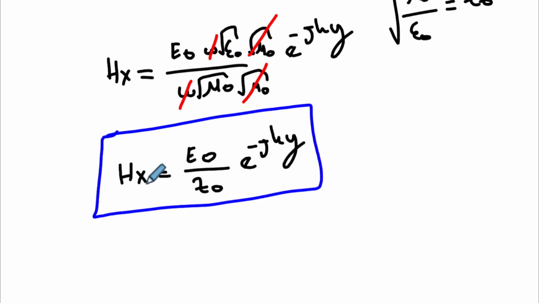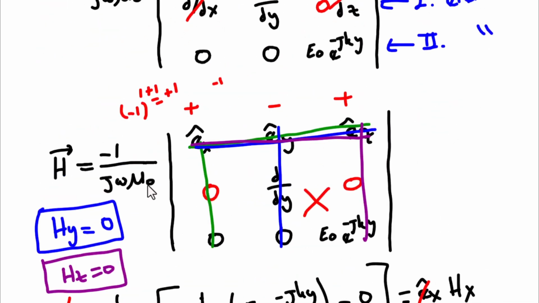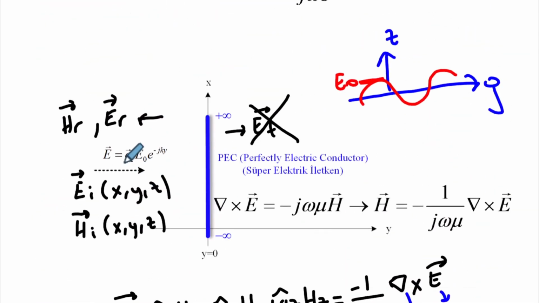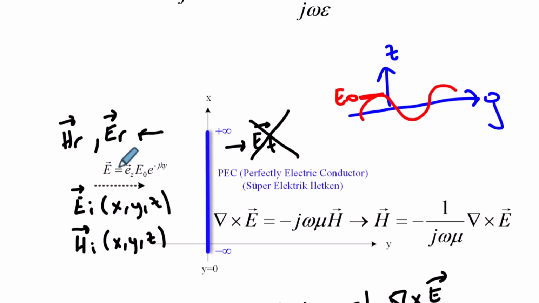Since the electric field, magnetic field, and direction of progression are all perpendicular to each other, and from these three directional vectors I only used z for the electric field and y for the direction of progression, a magnetic field was expected to remain, and as you can see, I was expecting the x component to be the magnetic one, and be careful. So, where could we find the magnetic field, meaning just the magnetic field? Not for y and z, but in this way, for x, and we found its magnitude in this way.